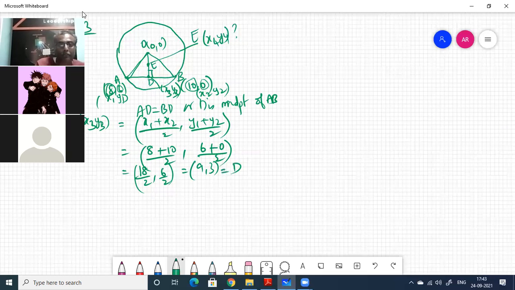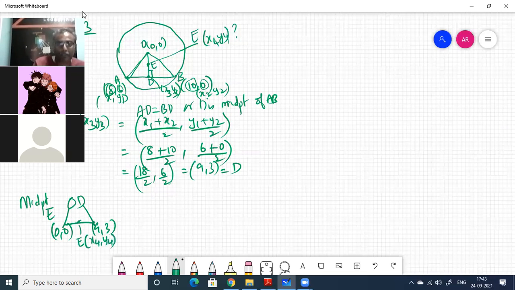Now you have to find the midpoint of OD. O is 0, comma 0 and D is 9, comma 3. You find the midpoint E, which is x4, comma y4. x4 equals (0 plus 9) by 2, comma (0 plus 3) by 2.